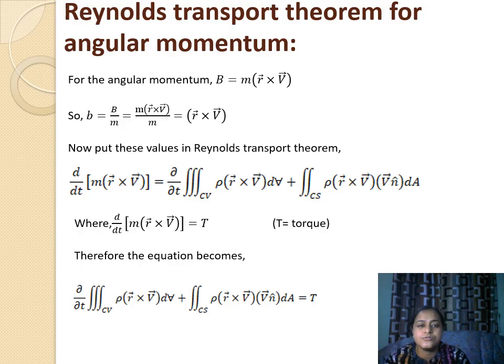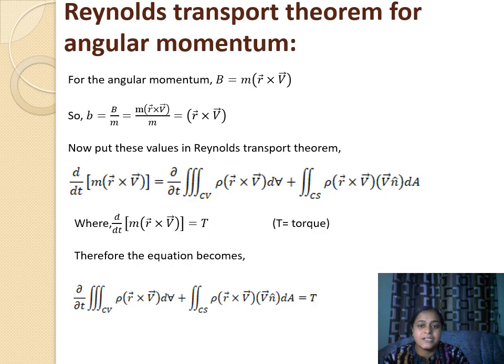Third is the Reynolds transport theorem for angular momentum. For the angular momentum, capital B equals small m into r bar into V bar. So small b equals capital B divided by m, and finally we get r bar into V bar.